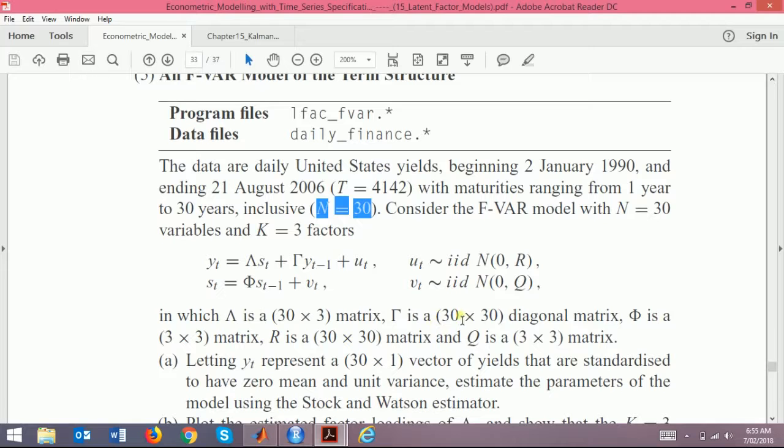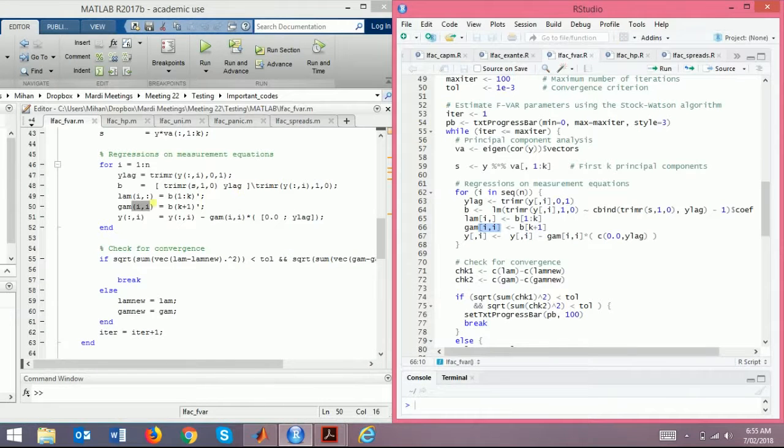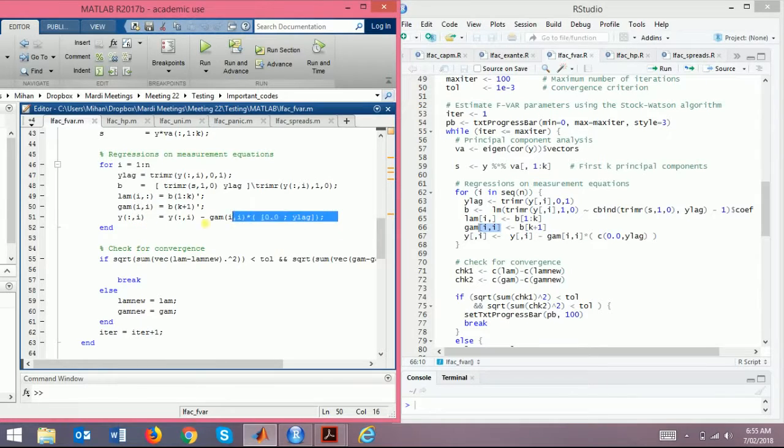Gamma is basically a 30 by 30 diagonal matrix, right? So we represent it again. In all places of y, things will change, in all places of gamma, things will change, and we put this all in a loop for 1 to n.